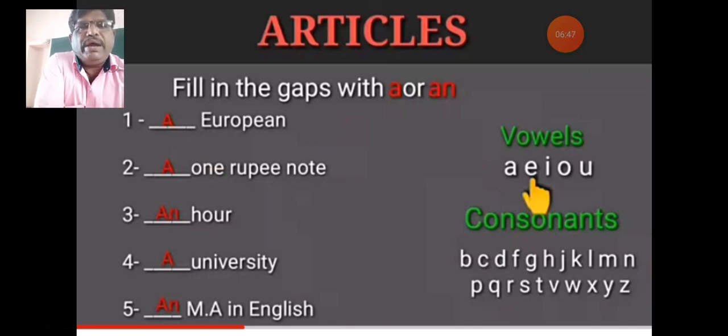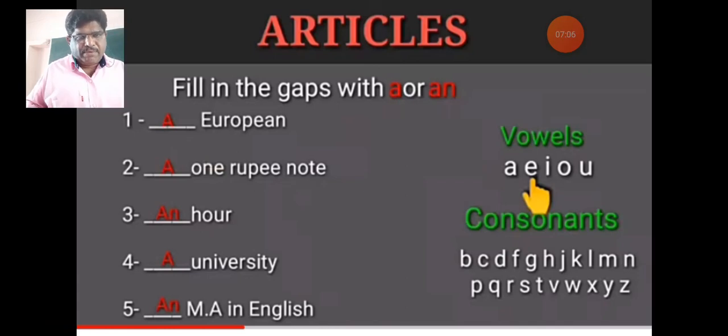And a one rupee note: O is a vowel, but we put a there because in one rupee note, a "w" sound is produced.